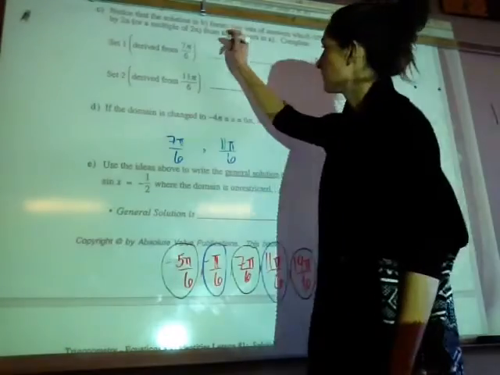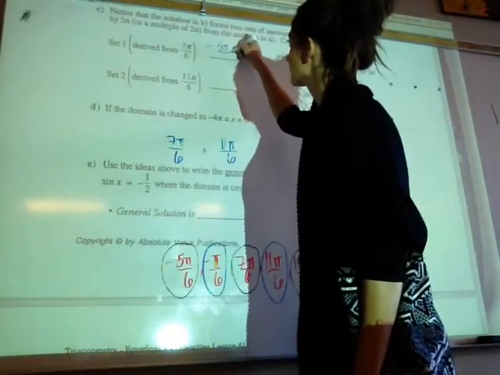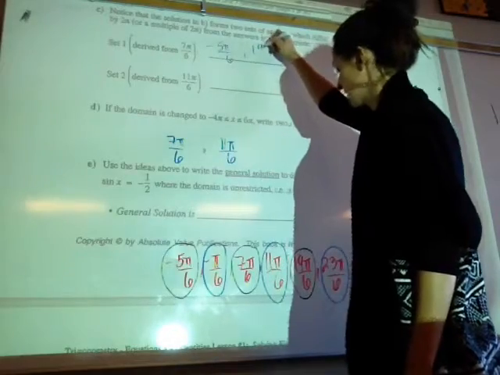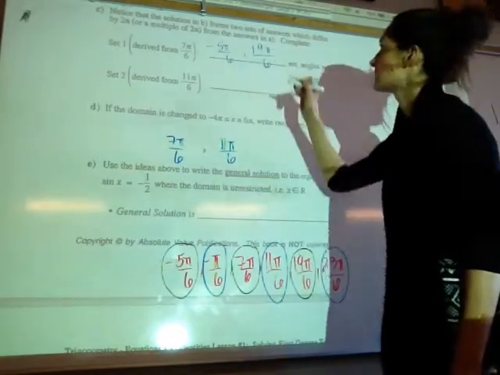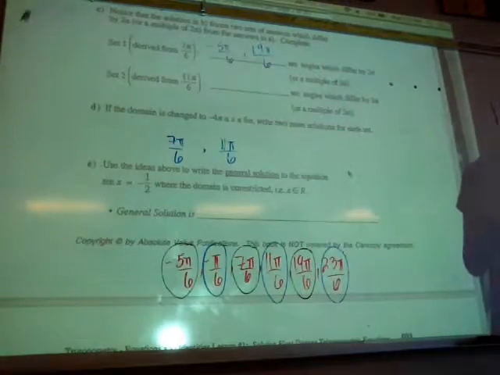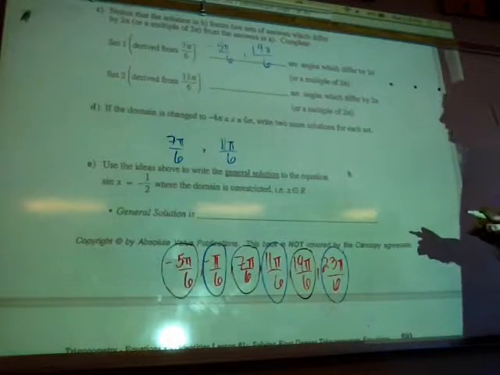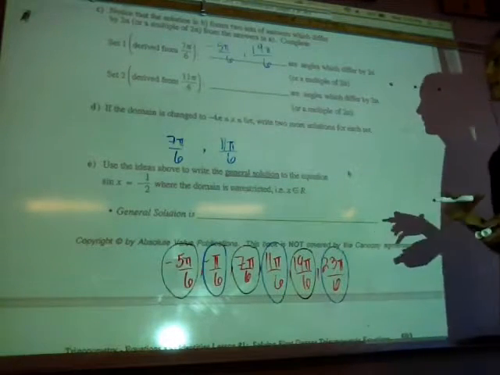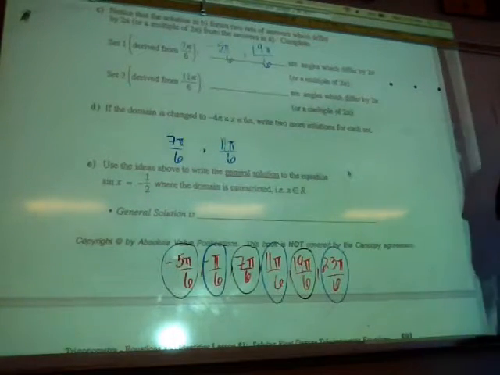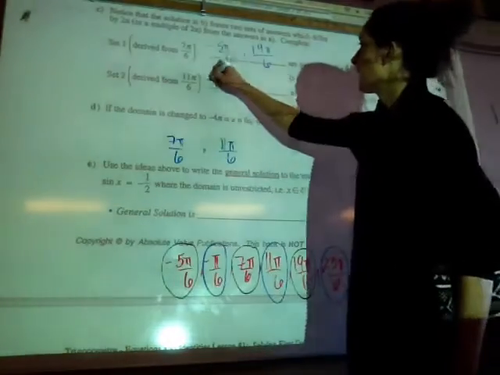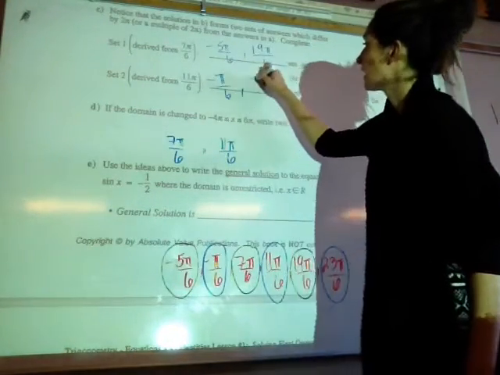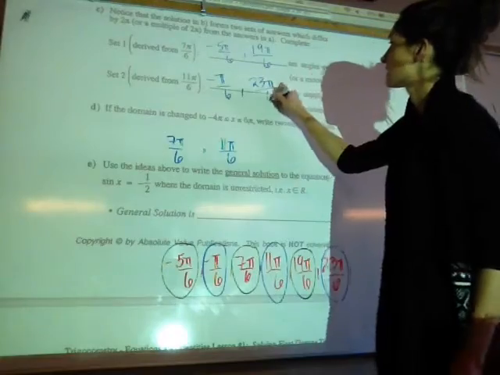And those ones would have been negative 5 pi over 6 and 19 pi over 6. And for 11 pi over 6, the ones that were derived by adding or subtracting 2 pi were negative pi over 6 and 23 pi over 6.